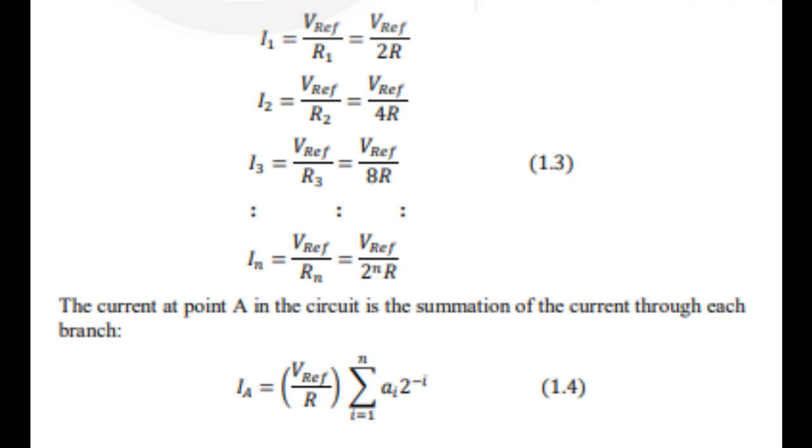The values of the resistors on the ladder are incremental in binary powers, R, 2R, 4R, 2^N R. Hence, from the law of passive linear circuits, the current in each branch of the ladder is, look at the screen, where I_A is the current in the junction point A, Vref is the reference voltage, R is the resistance basis, A_i is a binary indicator, 0 or 1, of whether the ith bit position is off or on, where the first position is the most significant bit, MSB, and N is the number of bits in the output register and, therefore, the number of branches in the ladder.